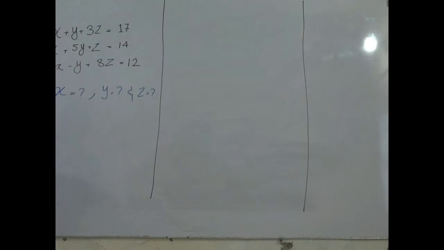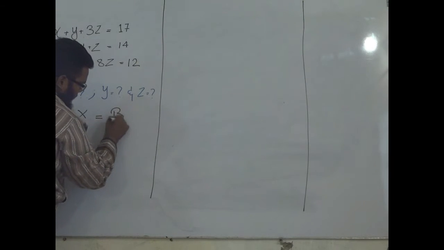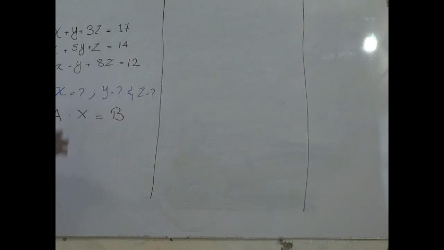So for that I have to convert my equation into the matrix form, which is A into x is equal to B. As I already derived it for you, we will use it in future. Now, matrix A will be the coefficients of x, y and z.